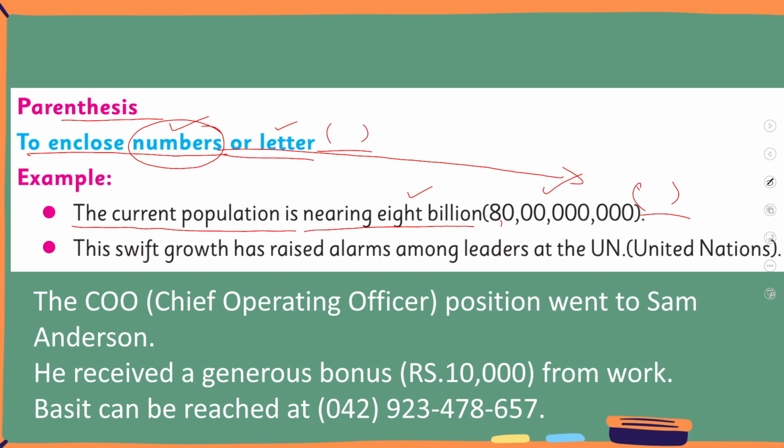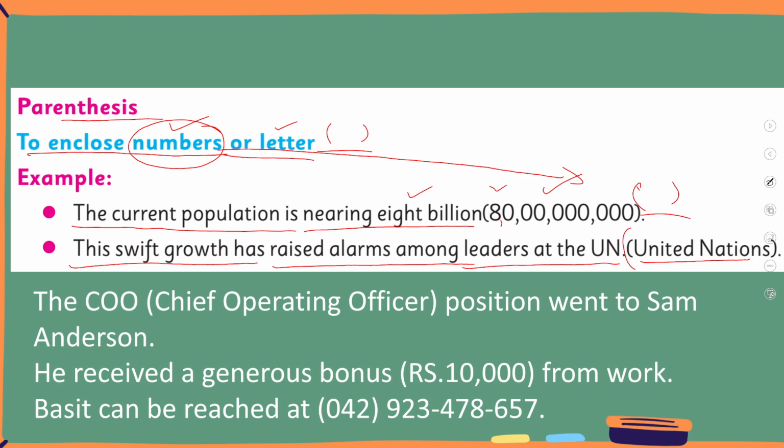And if we say this swift growth has raised alarms among leaders at the United Nations or UN. Now, to give the full form to the reader for their understanding, you can use parentheses to enclose these letters, United Nations. So, they are enclosed in parentheses.